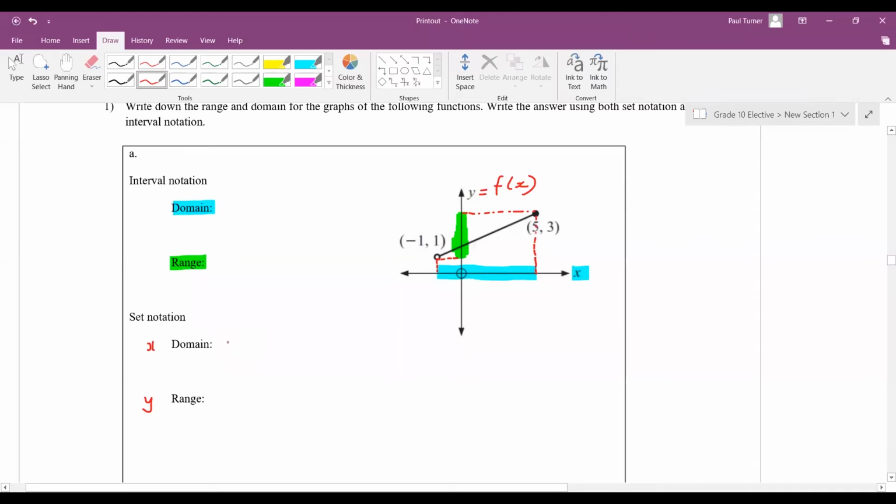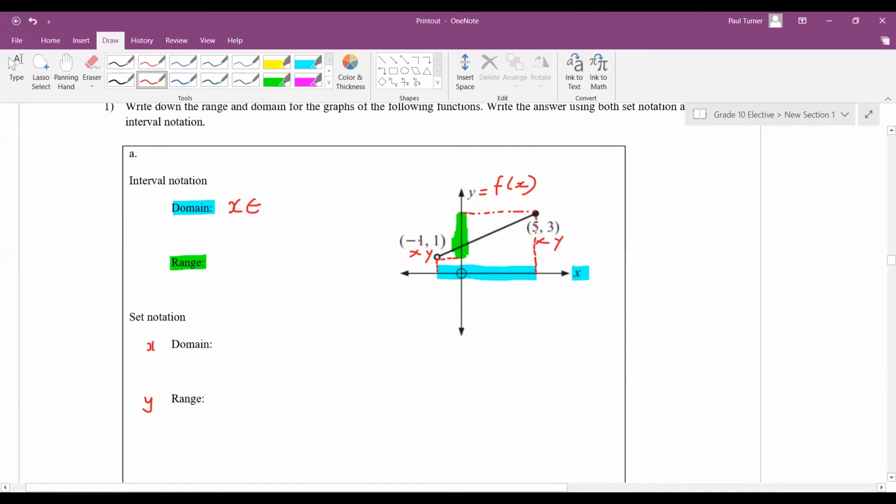So your domain, x is a member of what? Now look at your blue. The x values are between -1, because that's your x value, that's your y value, x, y there.